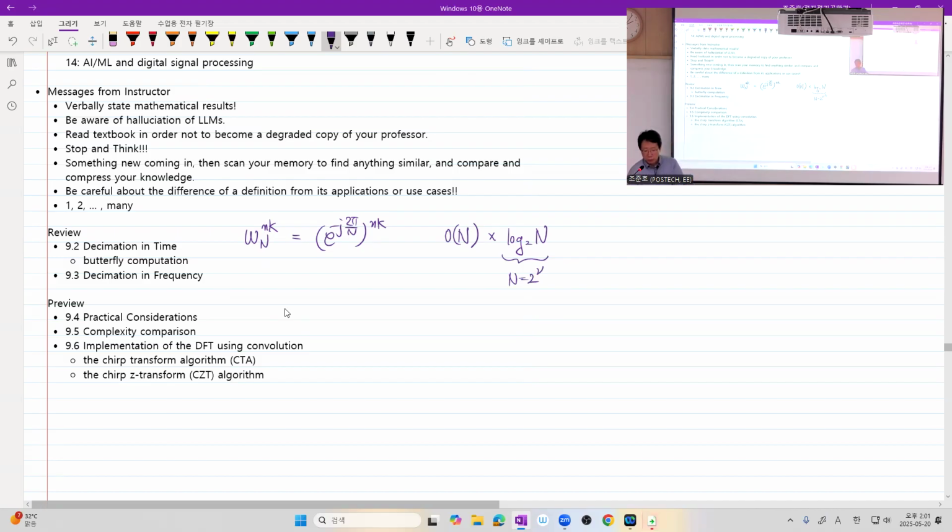So we have eventually had n log n computational complexity. Got it? So that was the idea.